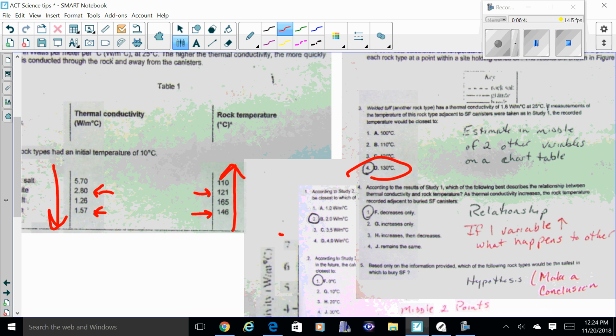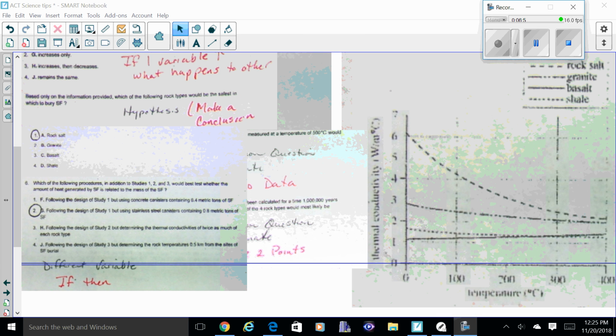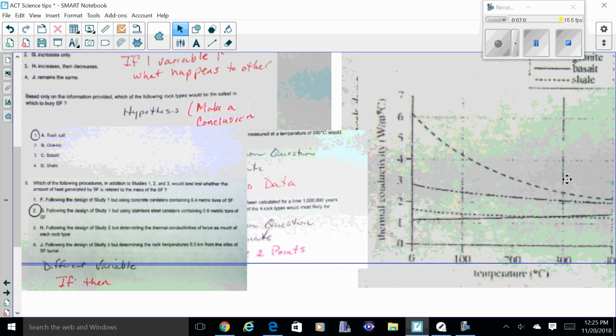Now we get into the tough questions. In the tougher questions, if you haven't read it, it's going to be harder to answer them. Well, let's just see if we can make a logical guess. It says, based on the information provided, this is number 5, which of the following rock types would be the safest? Okay, and it gives you this list. Well, I want you to look at this chart right here. The whole thing here is a relationship between thermal conductivity and temperature.